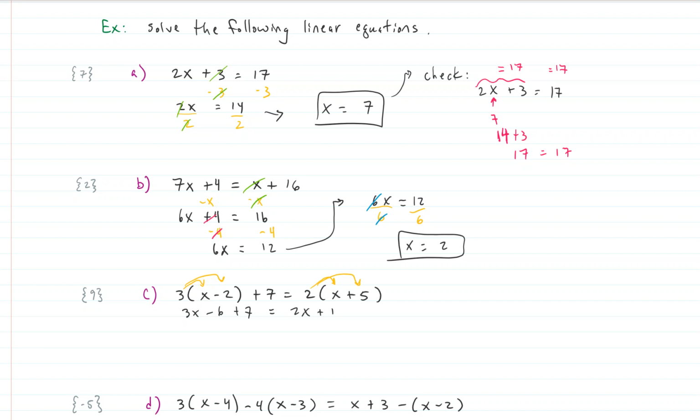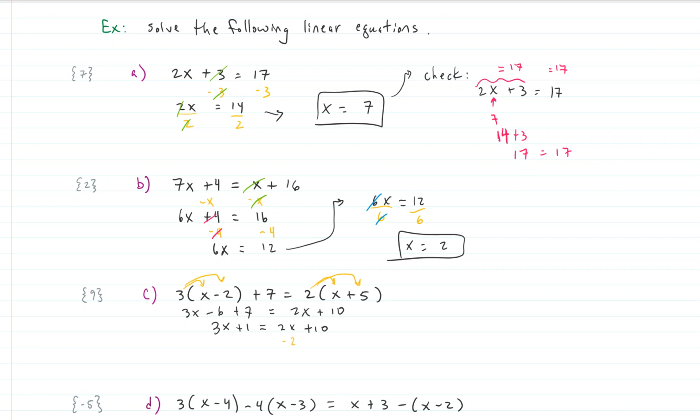Let's rewrite that 10. Getting sloppy in my handwriting here, which is not good. Negative 6 and 7 give us positive 1. So really, we have 3x plus 1 on the left and 2x plus 10 on the right. All right, let's take the variables to the left and the numbers to the right.